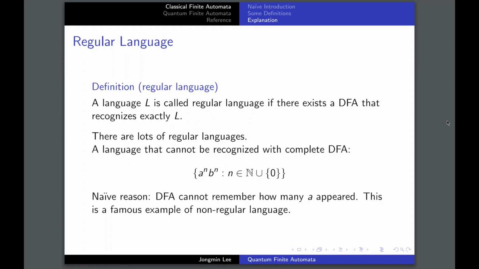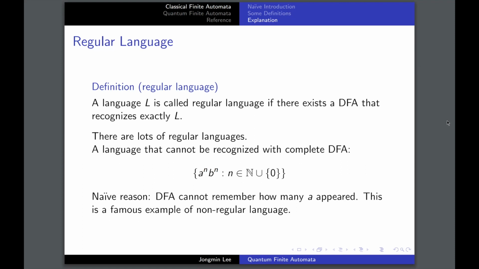There is a language that is called regular language. This is a subset of sigma star, which is accepted by a DFA. All languages that are accepted by a DFA are called regular. And this is an example of a non-regular language, since a DFA cannot remember how many A's appeared.